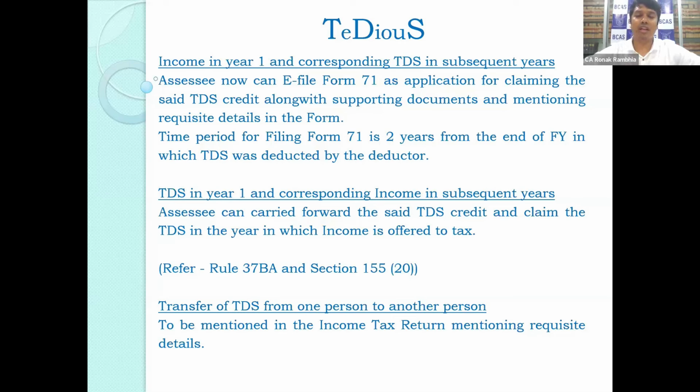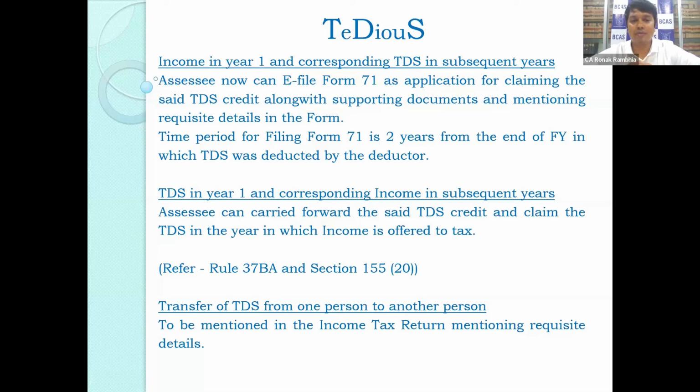In the year one return, one has to carry forward and not claim the TDS credit. The assessee is eligible to claim this TDS credit in year two, when it has offered this income to tax in the profit and loss account, and the correct head of income is to be mentioned in the income tax return while filing.